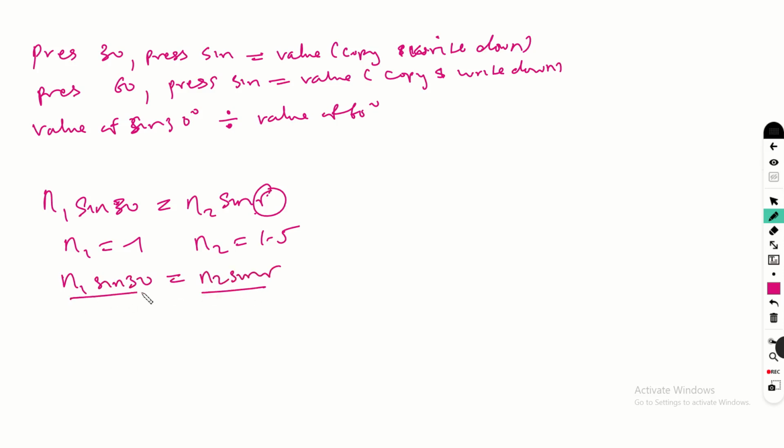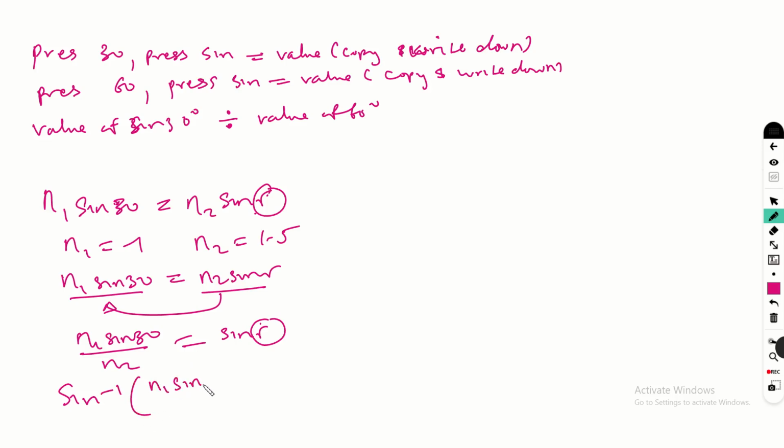This one comes this way: n1 sine 30 over n2 equals sine r. Now you have to make r the subject. You have to take sine inverse on both sides. It will be sine inverse of n1 sine 30 over n2 equals sine inverse of sine r.